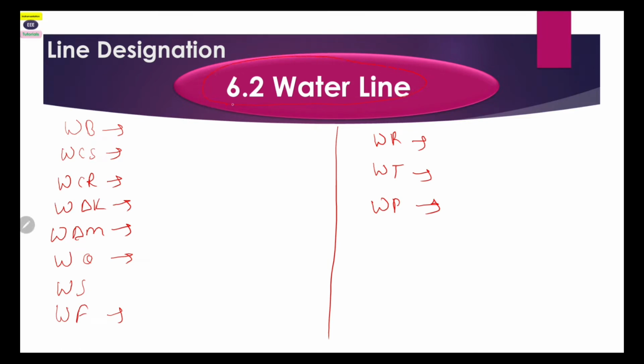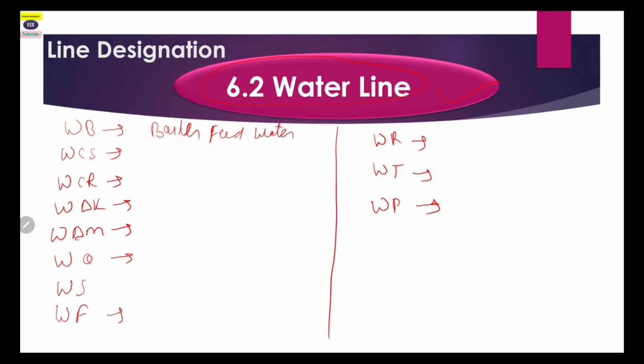Water is also an essential part of any industry, where water is used for cooling down the line or cooling the process, or in some other places, water is also used in a compressor and a pump. So what is the meaning of WB? WB is boiler feed water. When a boiler is used for generating power, then the boiler feed water line is used.